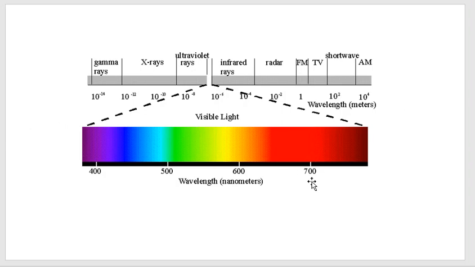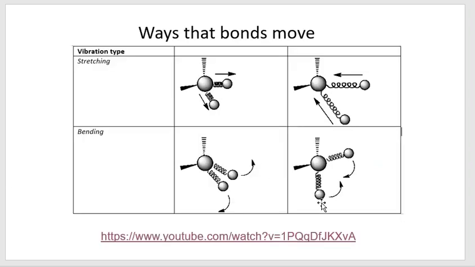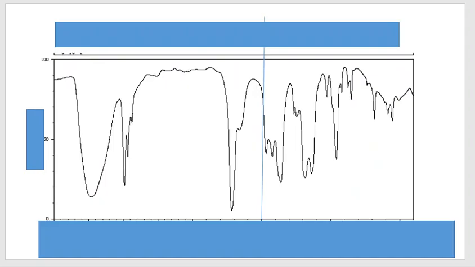The IR part of the electromagnetic spectrum is lower in energy than visible light. And of course, there's a range of wavelengths within that range that we call the infrared part of the electromagnetic spectrum.